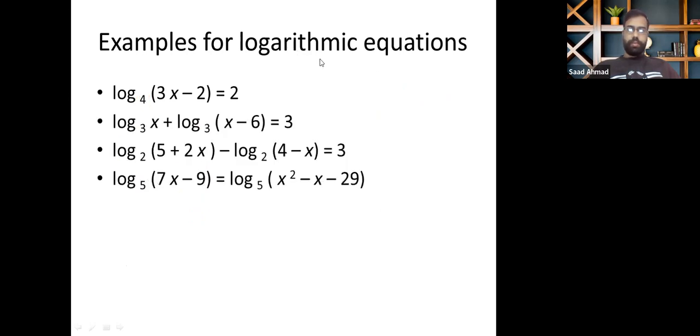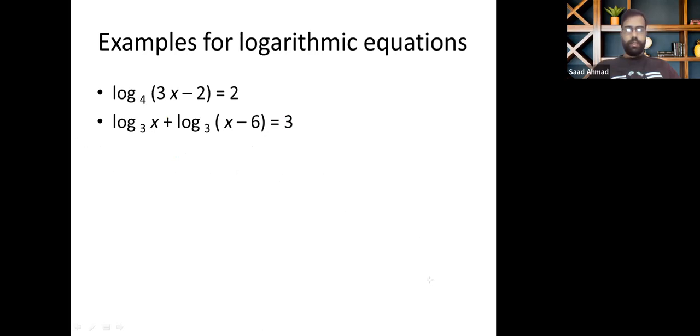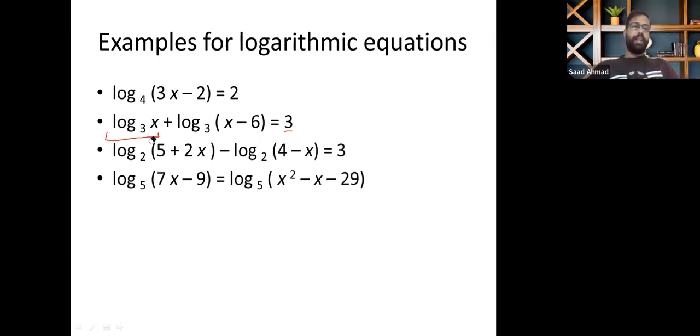Again, let's do the next one. So in the next one, you see we have two logs, one log here and one log equals something. So if I take the power 3 on both sides, it will not help.